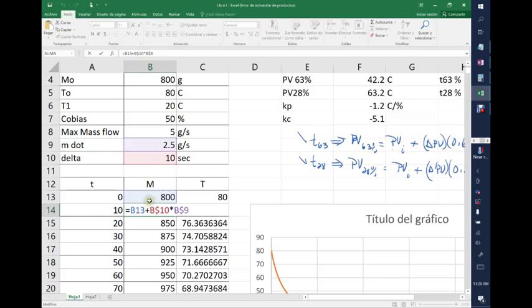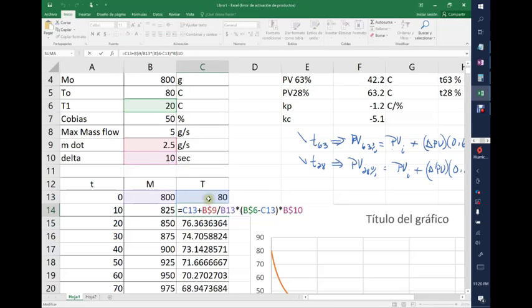How about what I have here? That's coming from the Euler method. For the mass, it is the original mass 800 plus this $10, the delta T, times $9, the flow m dot. That provides the number 825. How about this temperature here? That's the full equation I showed you for temperature.